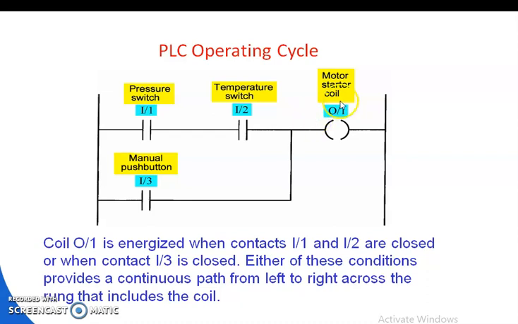So the energized condition of the motor starter coil depends upon either the manual push button independently or both the operations of I/1 pressure switch and I/2 temperature switch. Either of these conditions provides a continuous path from left to right across the rung that includes the coil.